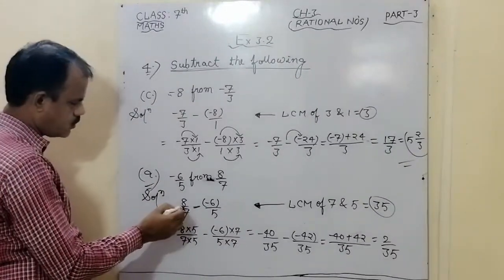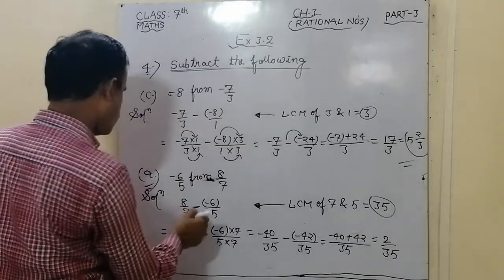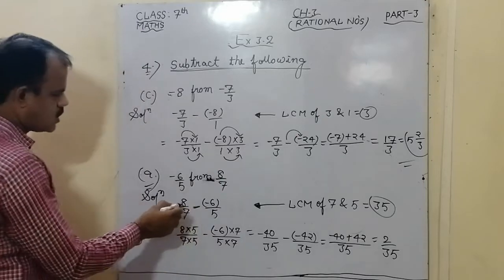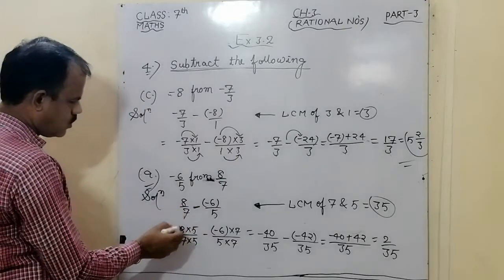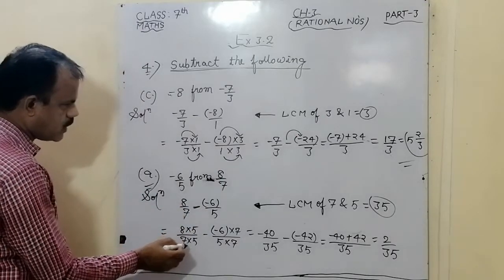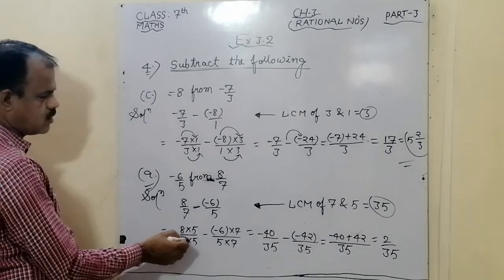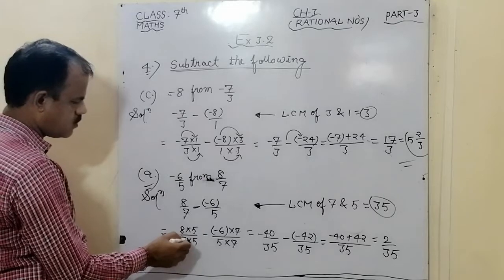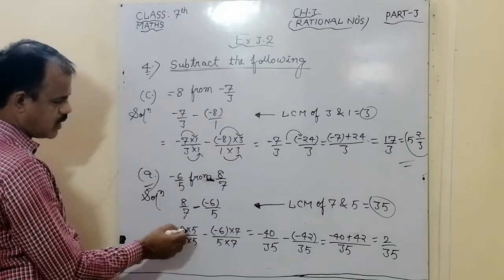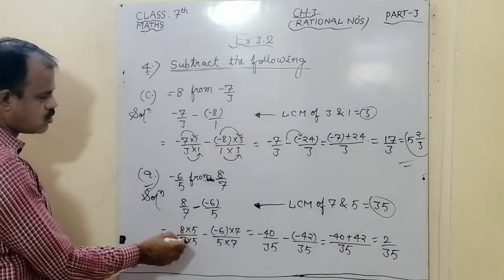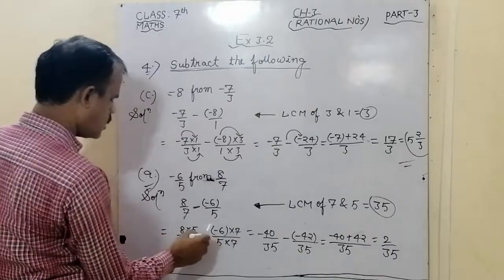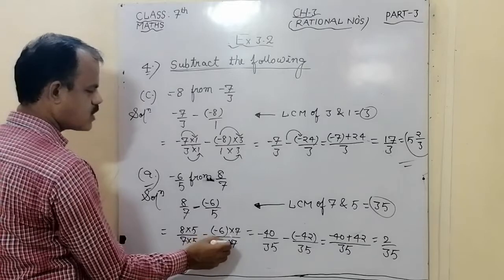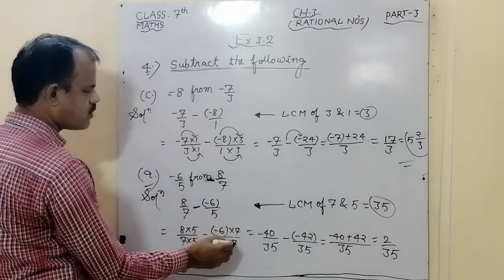So look here, this is 8 by 7. Okay student, this is 8 by 7, so we multiply it by 5, so that the product becomes 35. So 8 by 7 multiply 5 at numerator place, and denominator also multiply 5. Now see here, minus 6 by 5. 5 times 7 is 35, so multiply 7.